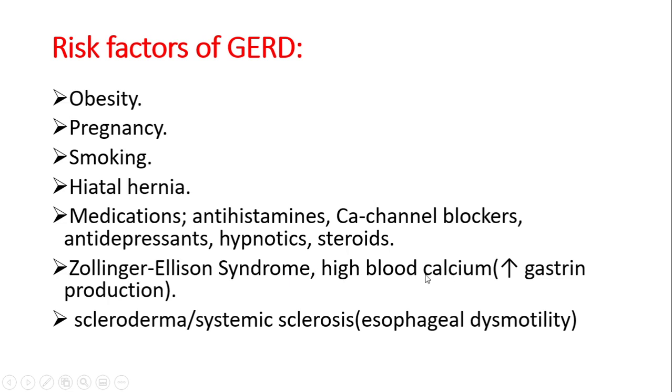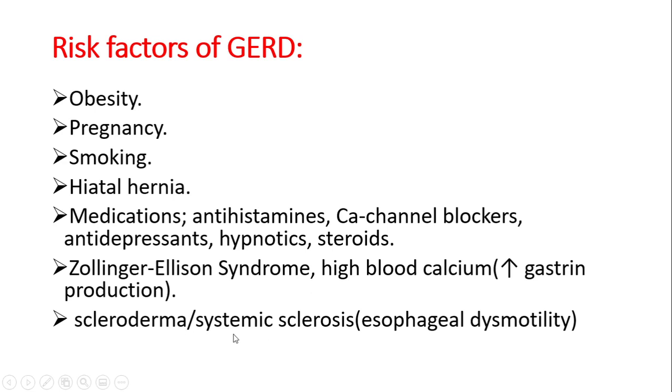High blood calcium: an increase in the blood calcium will increase gastrin production. Gastrin is a hormone that stimulates gastric acid production.